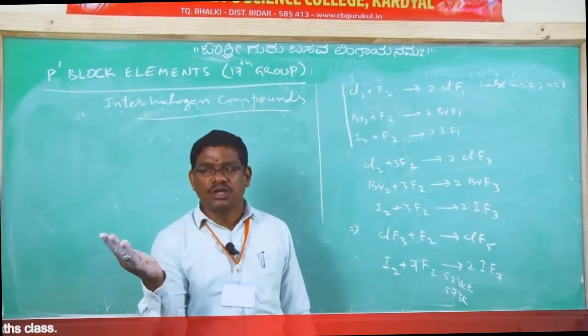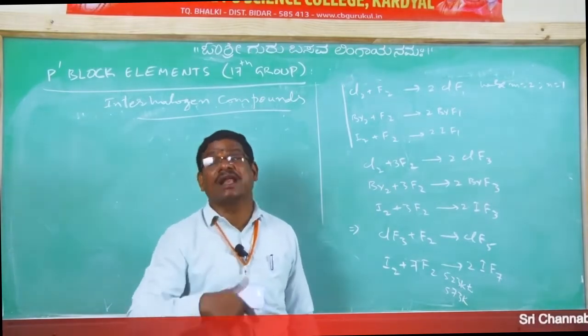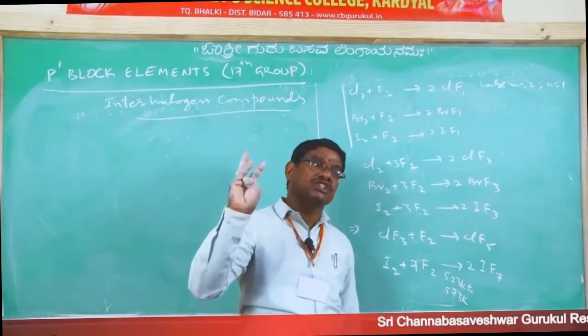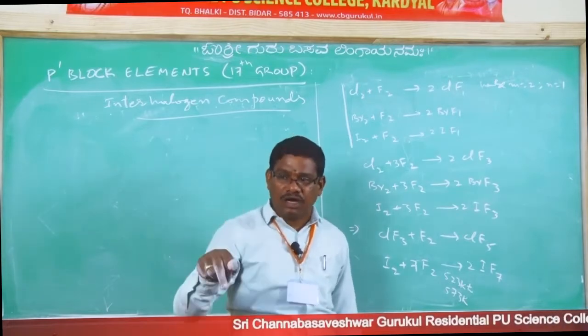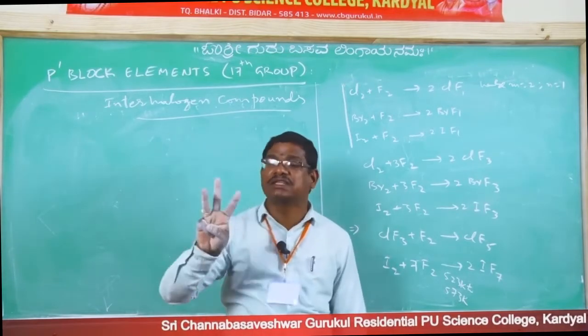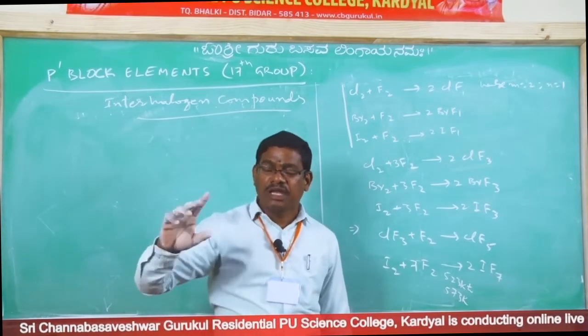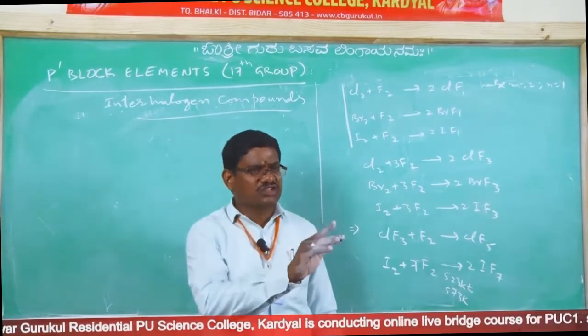Excluding F2, the remaining halogens are less reactive compared with interhalogen compounds. Clear, na? Excluding F2, interhalogen compounds are more reactive than the remaining 3 halogens: chlorine, bromine, iodine. F2 is individually more reactive.